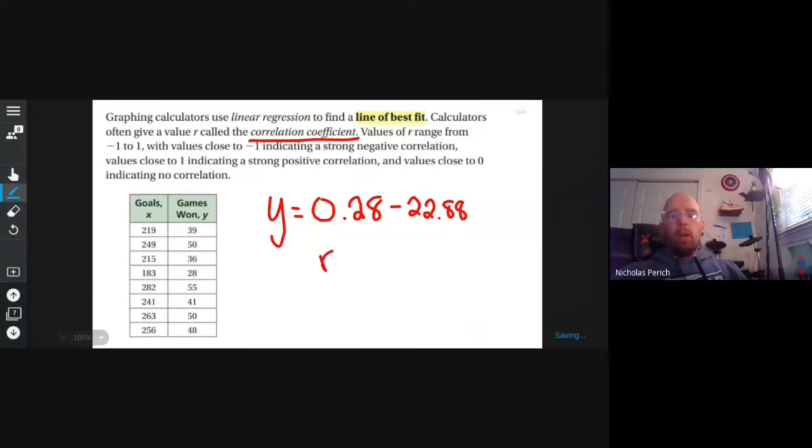And my correlation coefficient, my R, is 0.98 again, which means pretty close. These dots are pretty close together, pretty strong. If this was negative, it would be a negative strong. Oops, I forgot an X.